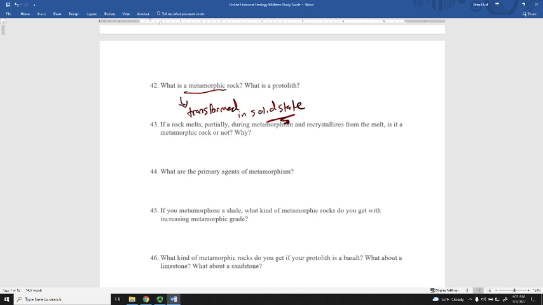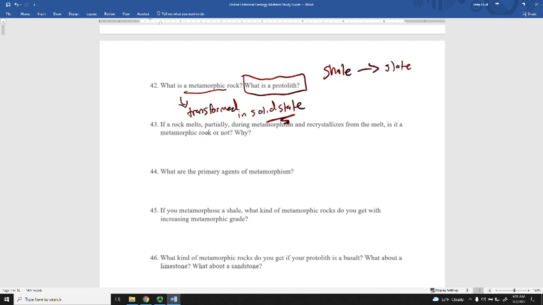So once melting starts, then we start to call that an igneous rock. So everything has to be in the solid state. A protolith for a metamorphic rock is the rock that it starts off as. So you might start off with, for example, shale, and shale will transform under pressure and temperature to maybe a slate. That's a metamorphic rock.